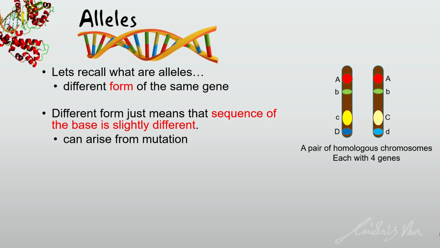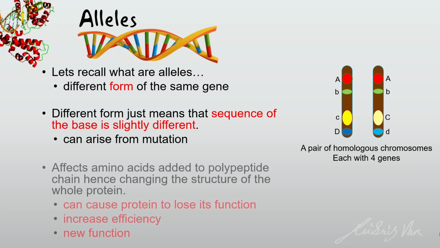This can arise from mutation, and as a result, these might affect the amino acids that are added to the polypeptide chain. This can in turn have an effect on the structure of the whole protein. It can cause the protein to lose its function.